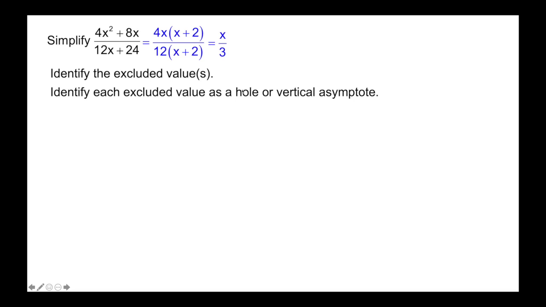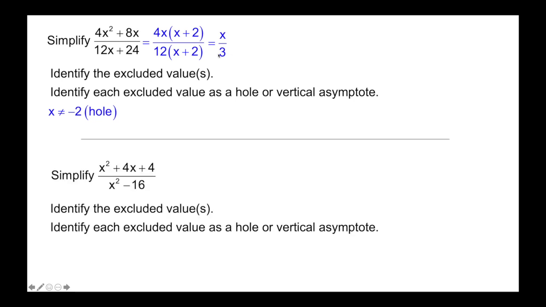Then I'm going to want to classify that as a hole or a vertical asymptote. And because that came from the canceled term, that's going to be the hole. Other than that, I don't have anything else in the denominator here that has an x. So that means that we're not going to have a vertical asymptote in this case because I'm not left with an x in the denominator. So there's no way for us to turn this into a 0.